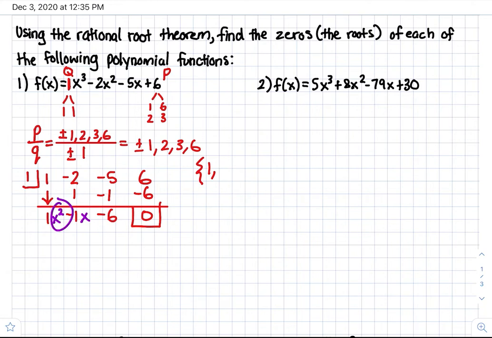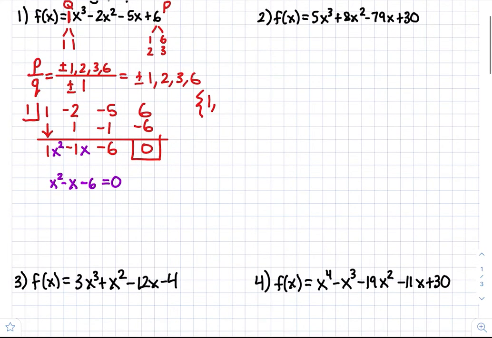Now, since you guys have a degree of 2, right? You guys can certainly factor this to find the zeros of this one. So, -6 and -1, two things that multiply to -6 but give you -1. That is -6 and 1.